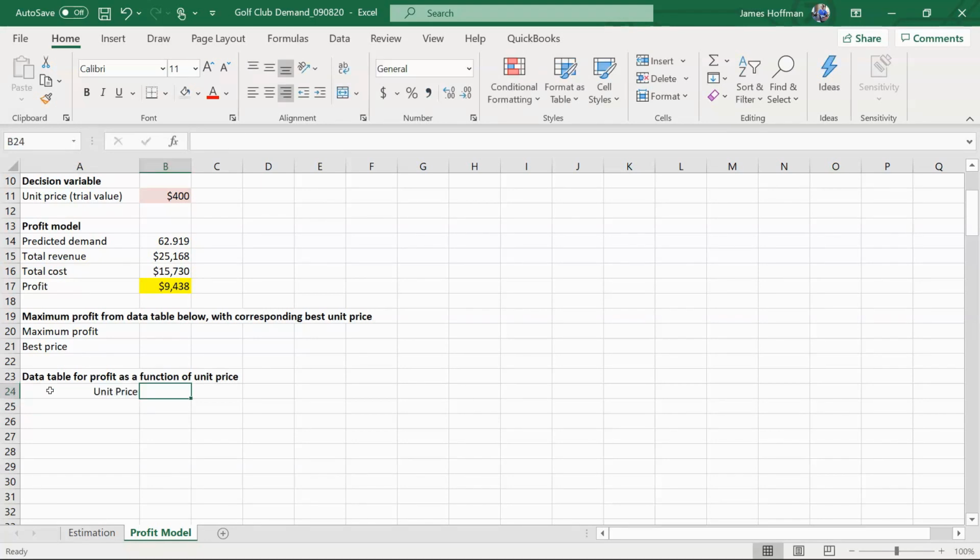And then in B24, let's call this profit. Then in B25, let's link in the profit. Your profit cell is B17, so in B25, just type in equals B17. So when the profit changes, it goes here.